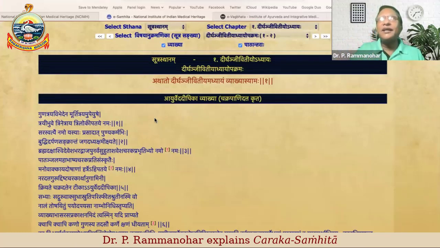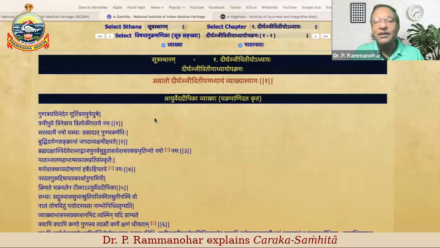Because to complete 9,000 and odd verses of the Caraka-Saṁhitā is a long, lifelong commitment. Study it in great detail. So every bit of the discussion has to be sweet, has to be profound, has to be deeply motivating and deeply insightful. So that is how this one phrase gives us a lot of interesting insights.